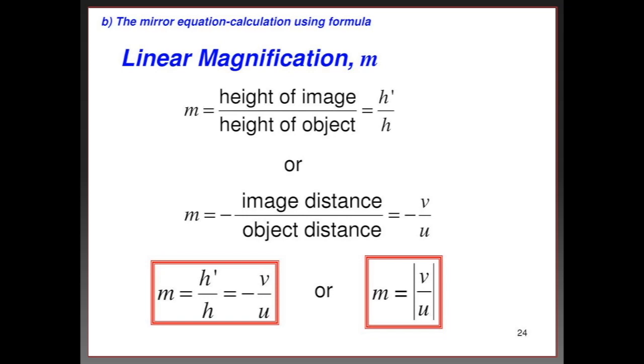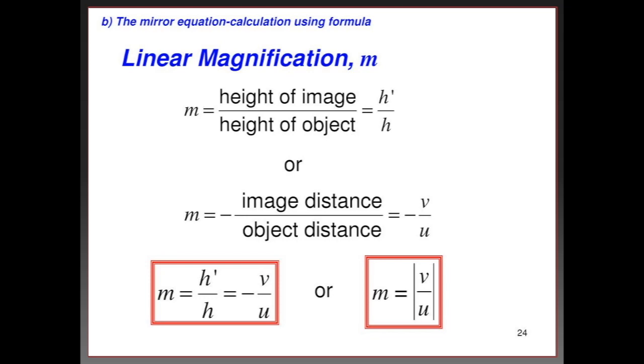Now, magnification of lens. What is magnification? Like spherical mirrors, spherical lenses produce magnification, and it is defined as the ratio of the height of the image to the height of the object.